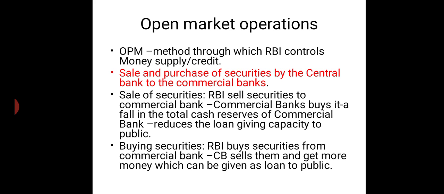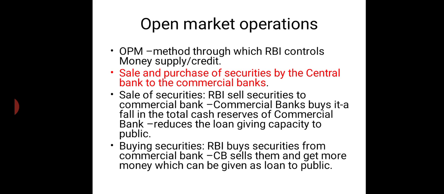When investment increases, production increases. When production increases, income increases. That means people are having more money with them now. Thus, the deflation or price reduction or lack of demand condition can be solved by sale and purchase of securities by central bank to commercial bank.